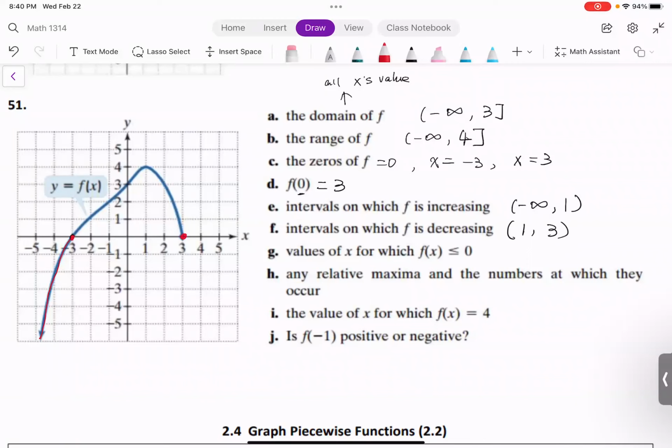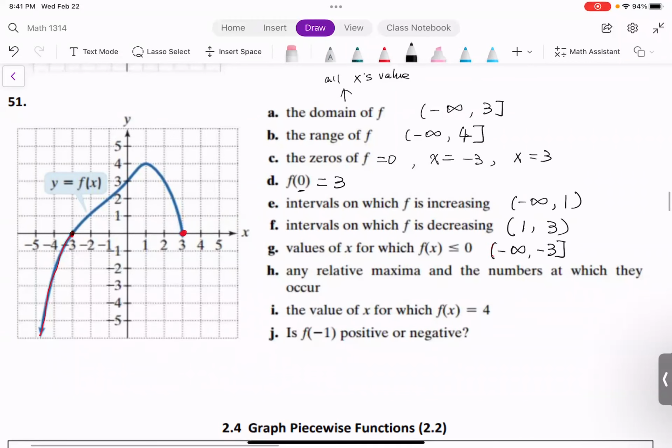That means the x value could be from negative infinity to -3. Brackets, because this point is included in the interval of f of x less than or equal to 0.